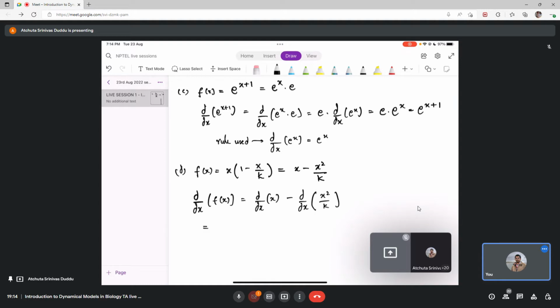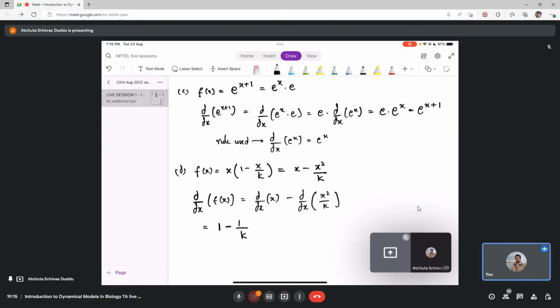which would be, for d by dx of x, as we have seen before, in the first bit, 1. This second bit is minus d by dx of x square by k. Again here k is a constant, so it would be 1 by k into x square. So 1 by k is a constant, so you bring it out: 1 by k times d by dx of x square.